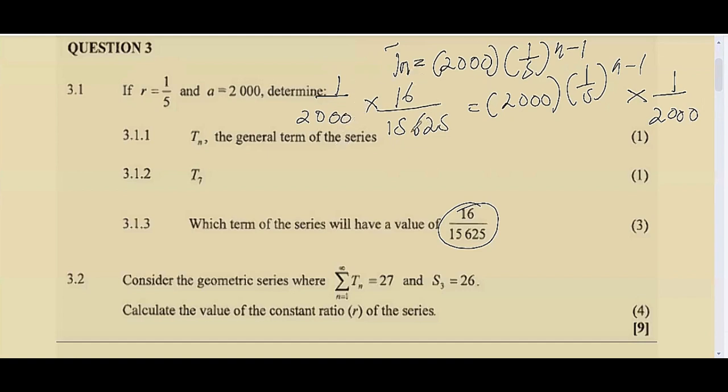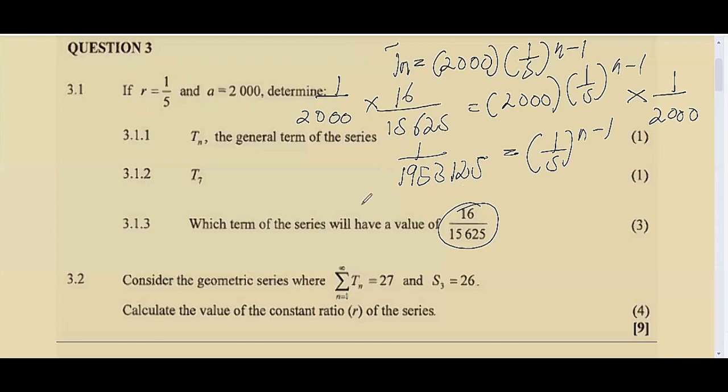Now, if you do that, the value that you're going to end up with is 1 over 1 953 125. Then that is equal to 1 over 5 to the exponent of n minus 1.